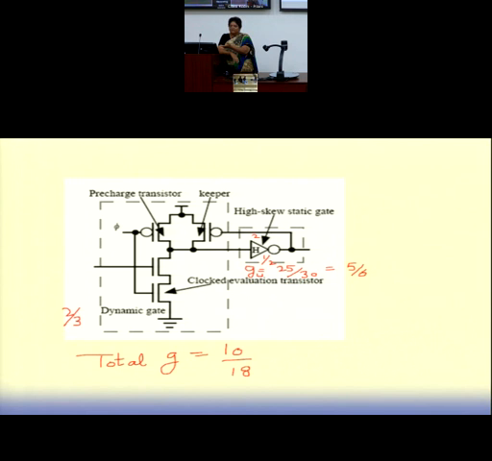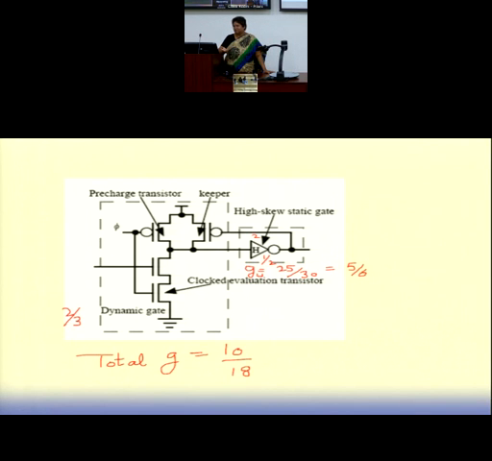So add the total, 2 plus 0.5, 2.5 divided by 3. That gives you 5 by 6. Got it or not? So this value comes out to be 5 by 6, and 2 by 3 multiplied gives you 10 by 18.